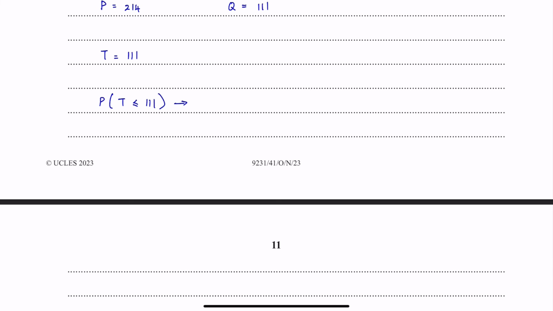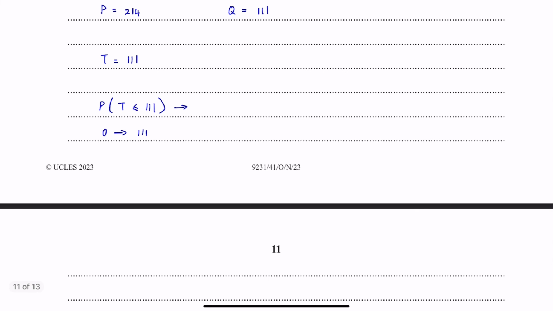So t less than or equal to 111, that means the values would be 0 to 111, right? And to do the correction, we just have to add 0.5 to the last value that we are considering. So we have the probability of t less than 111.5.